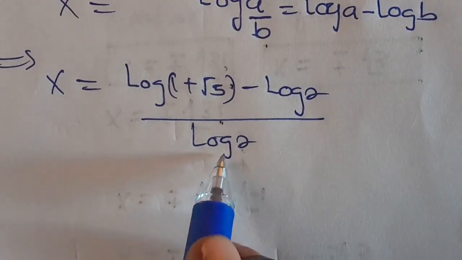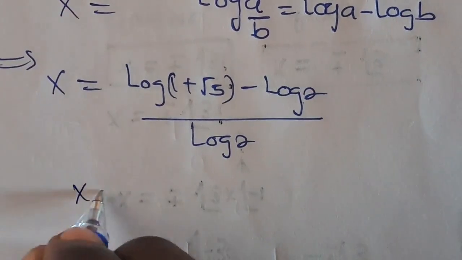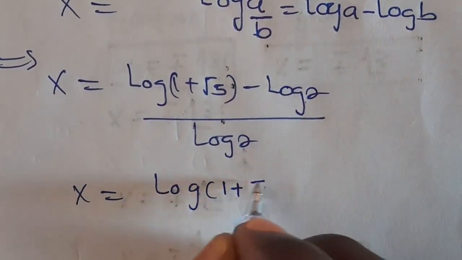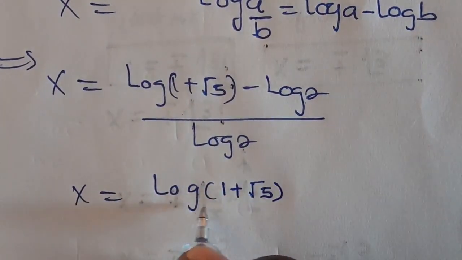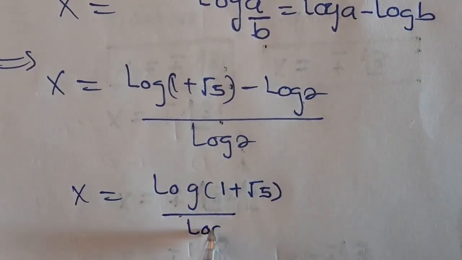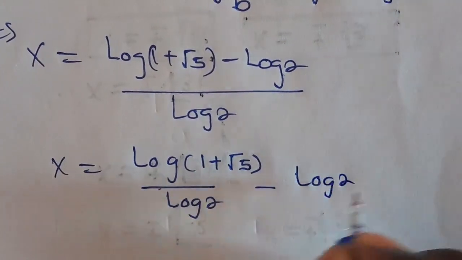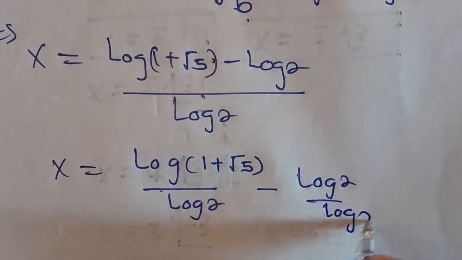Now let us distribute this to this and this. We have our x equals log of (1 plus root 5) divided by log 2 minus log 2 divided by log 2.